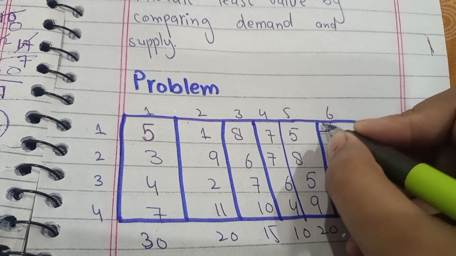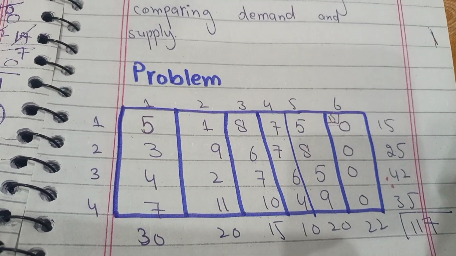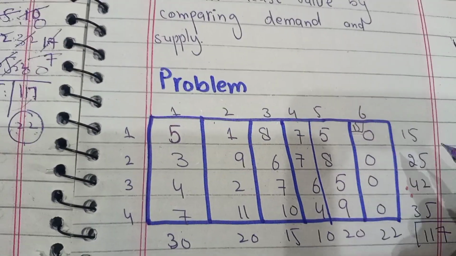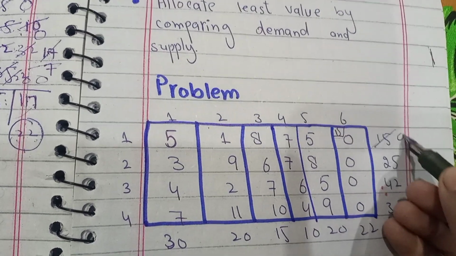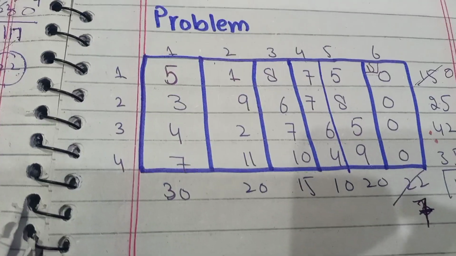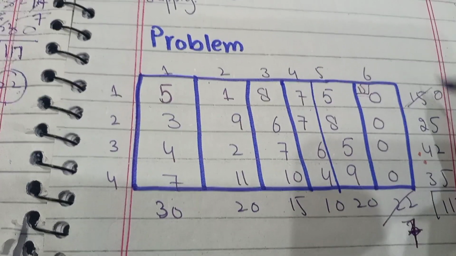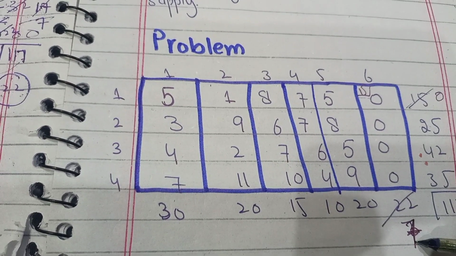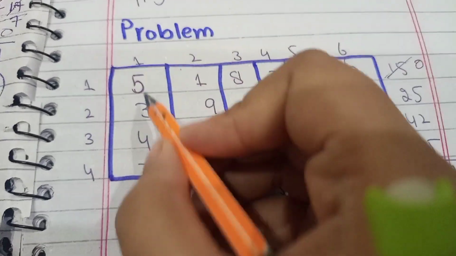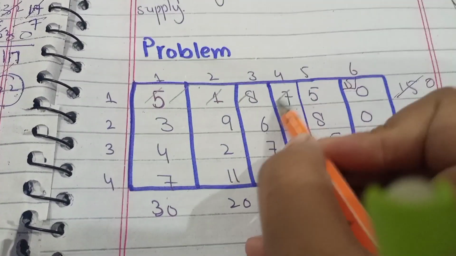We will write 15 here because 15 is least and 22 is more. We have allocated 15 here. Now 15 will turn into 0 and 22 will turn into 7. Now the supply is 0, so the first row will be cancelled.